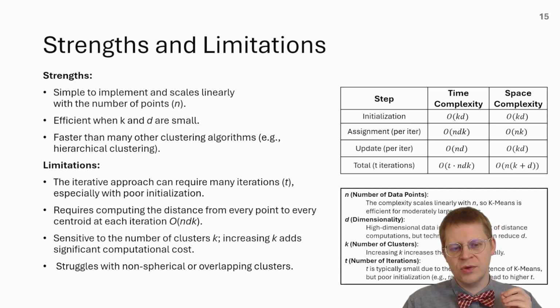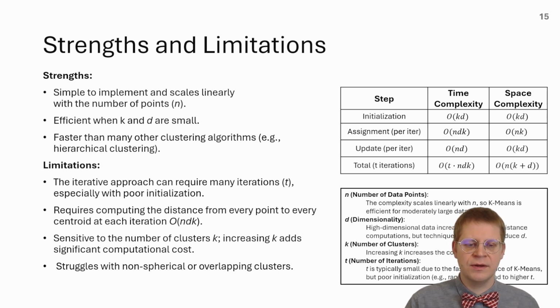Also, you have to specify the number of clusters in advance, which isn't always straightforward. Techniques like the elbow method can help estimate this, but it's not always a great choice. High dimensional data increases the cost of distance calculations. Preprocessing steps like dimensionality reduction can mitigate this.